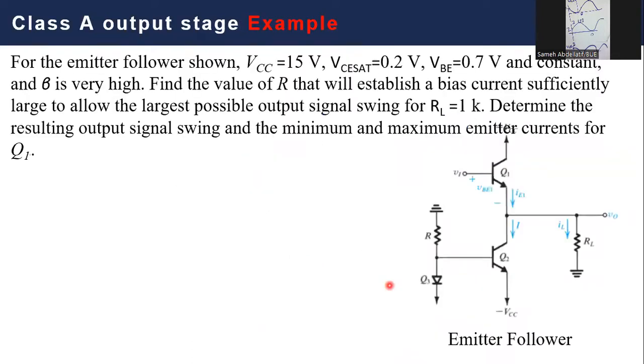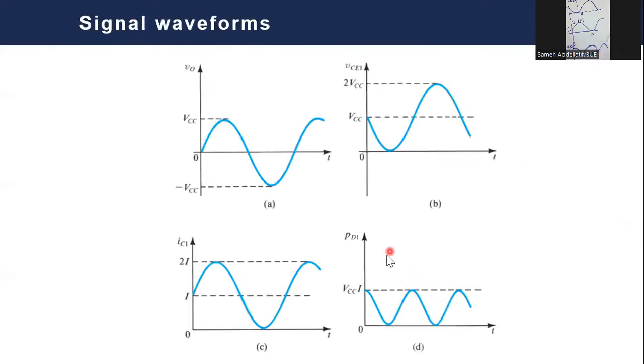Please remember that your target is that all the power delivered in this stage should go to the load. Any power consumed in the transistor is simply considered as a loss. So this power consumed in Q1 is simply considered as lost.